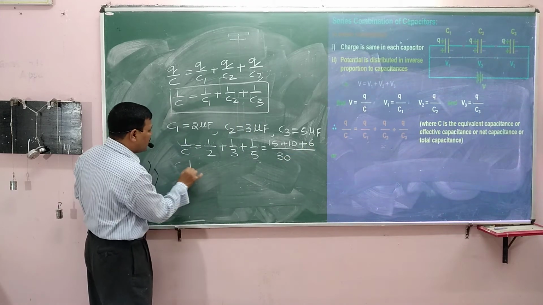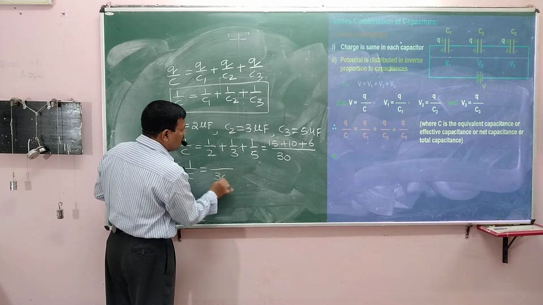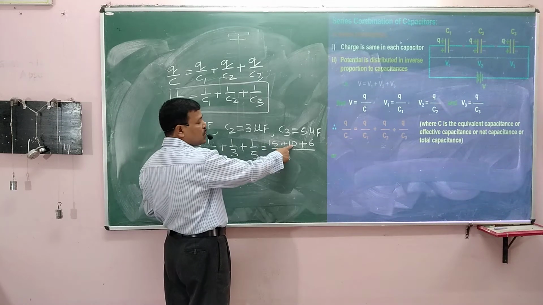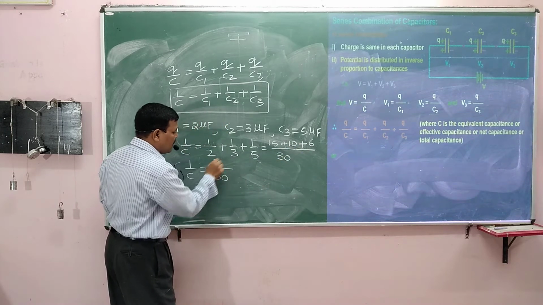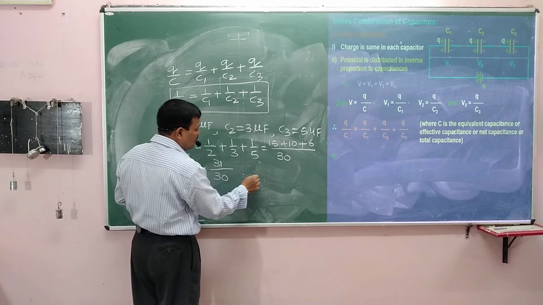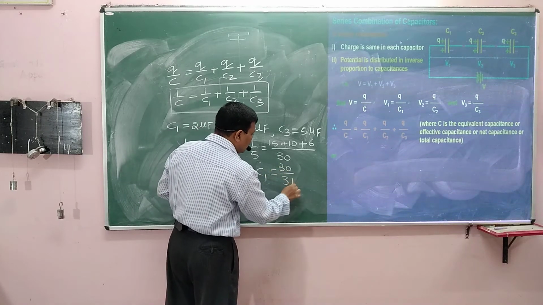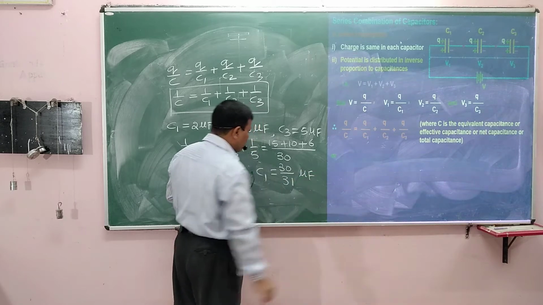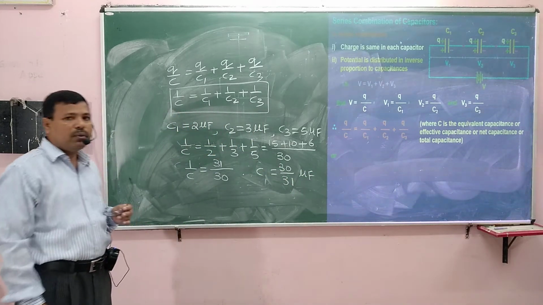So what you get is 1 upon C equal to, over 30, 15 plus 10 is 25, 25 plus 6 is 31. Therefore, you get C equal to 30 by 31 microfarad.